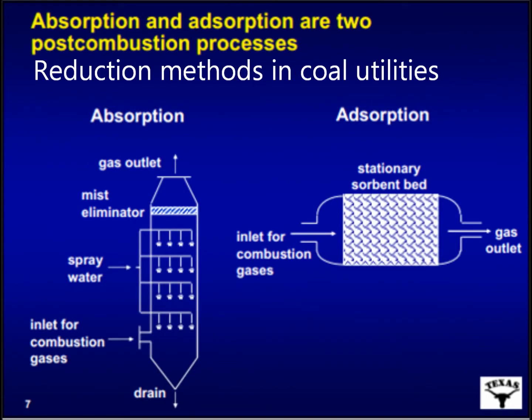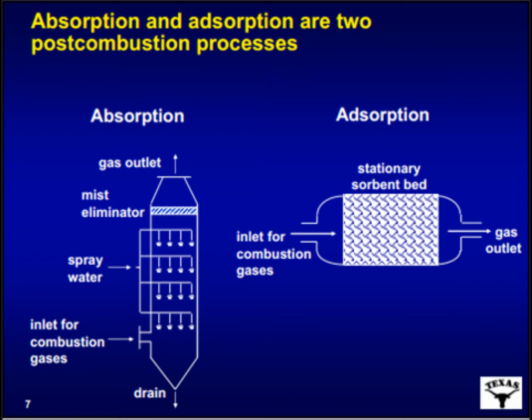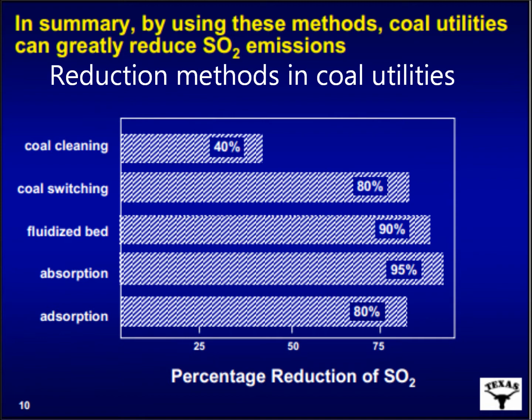Next, you can see that another method is absorption and adsorption, which are postcombustion processes. You can study these processes from the diagram on the slide. Lastly, this slide is showing you the effectiveness of the methods of coal cleaning, coal switching, fluidized bed, and absorption and adsorption.